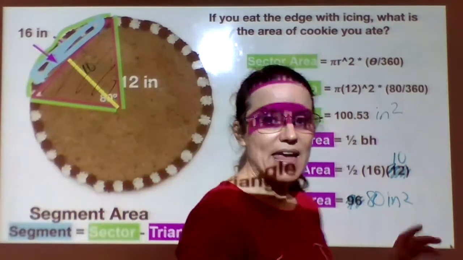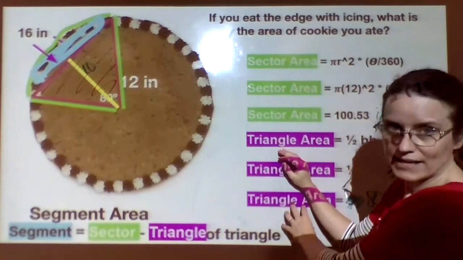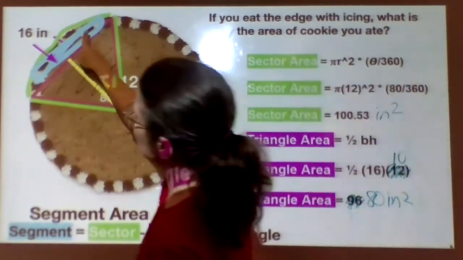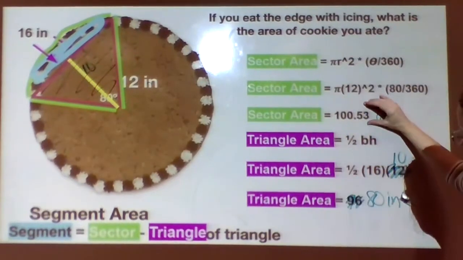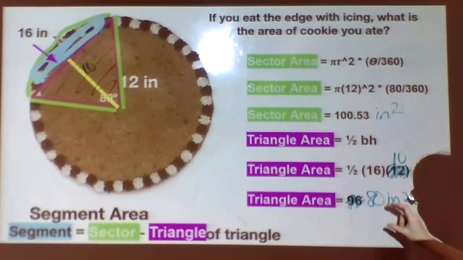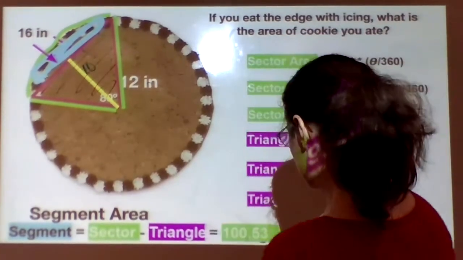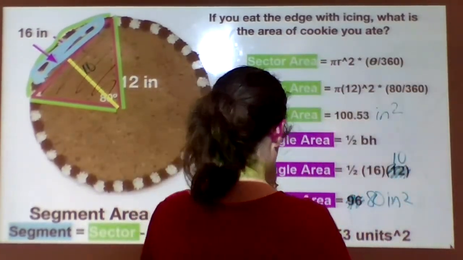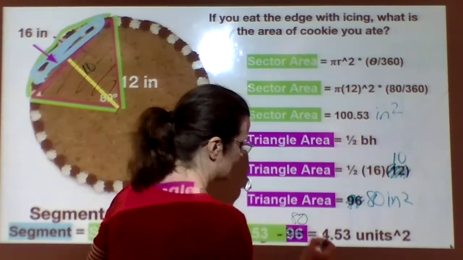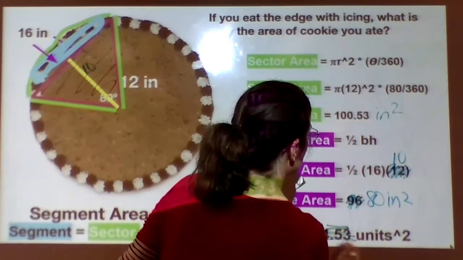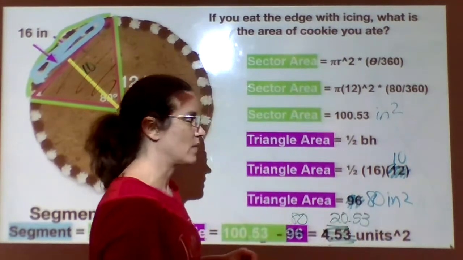So now to find the area of the segment, I need to take the green sector and subtract out the pink triangle to get this little blue frosting piece that I want left. So I'm going to do the 100.53 minus the 80 square inches, and this was supposed to be 80 here because Ms. Cerna cannot number, so minus the 80 is going to end up giving me 20.53 square inches.